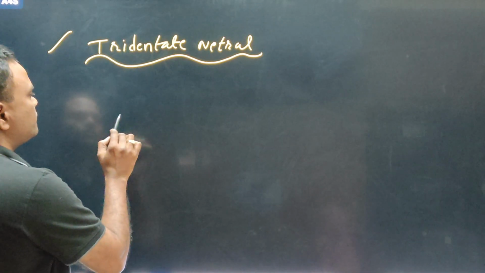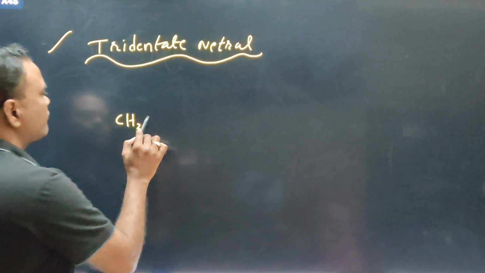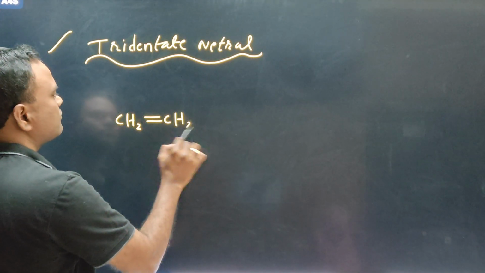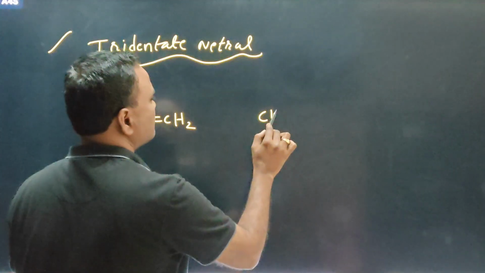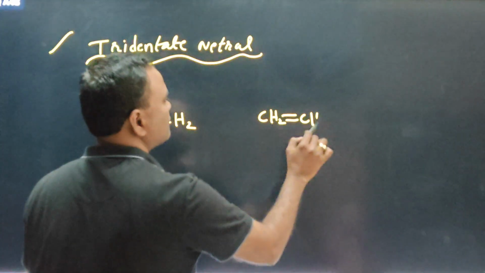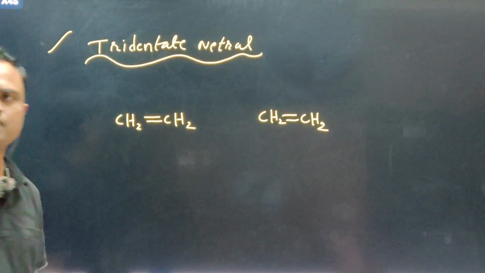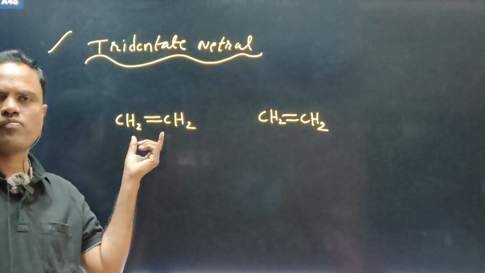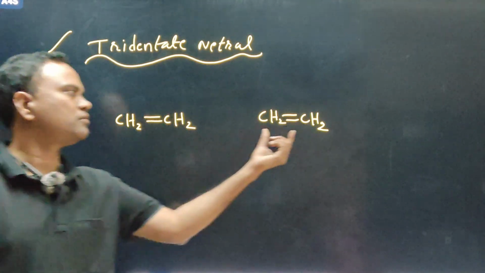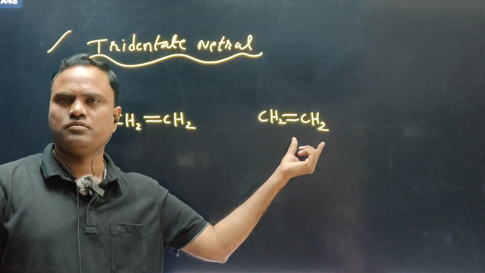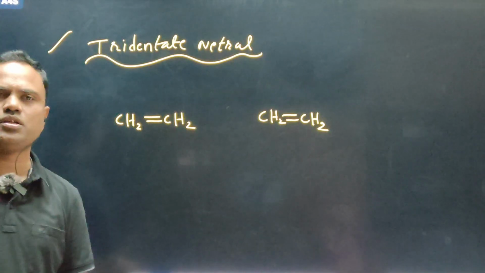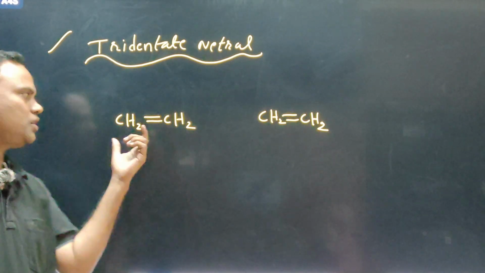Once look at this, all of you. What is its name? Ethylene. How many ethylene groups are there? 2.